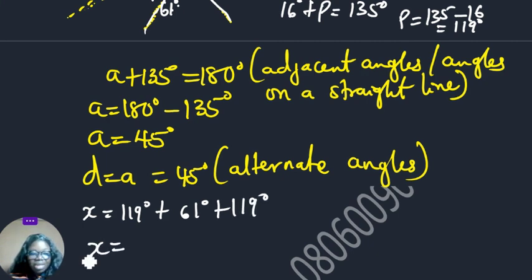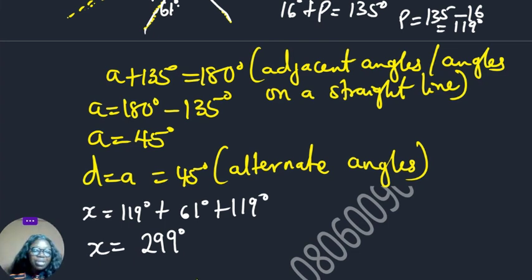So what will that be? If we add 119 to 119, that will give us 238. Plus 61, that will give us 299 degrees. So angle X is equal to 299 degrees. I hope you understand that.